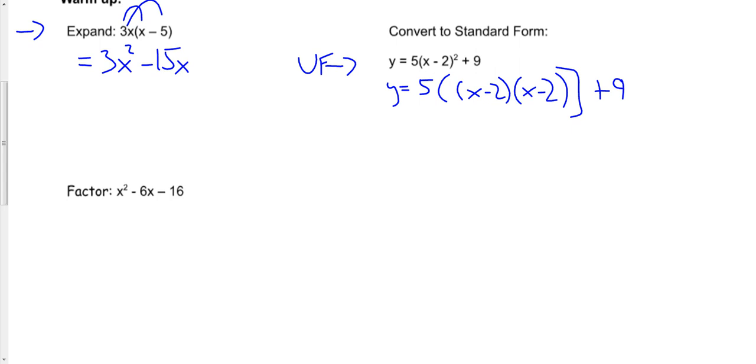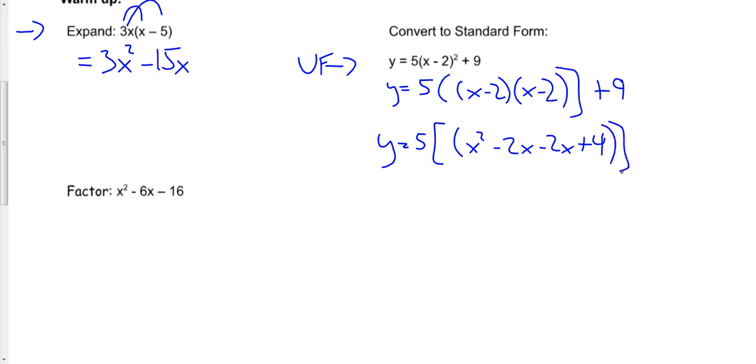So the next thing that we have to do is go through and actually use our distributive property and our FOIL pattern and multiply these two x minus 2 binomials together. So that's going to leave us with y is equal to 5 times x squared minus 2x minus 2x plus 4.